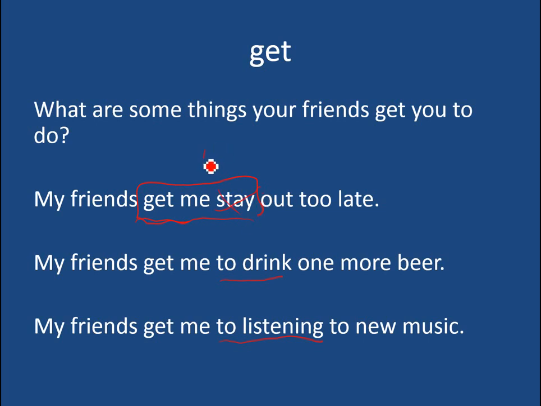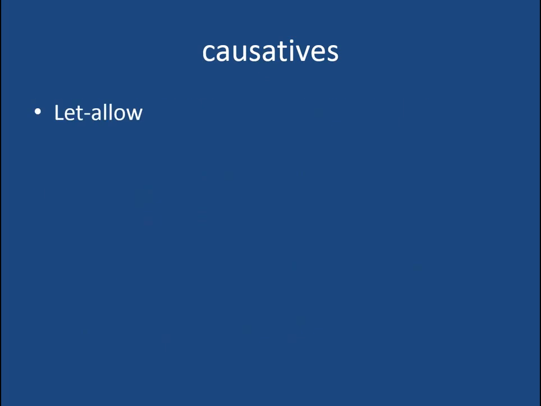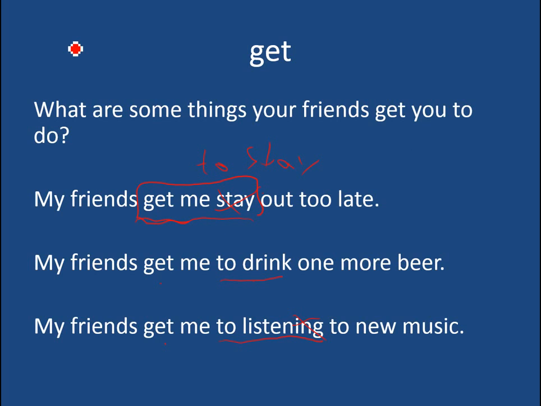It should be get me to stay out too late. The second one is correct. Get to drink. And the third one is wrong. Get me to listen to new music. Let's see what the pattern is for get. So the pattern for get is going to be X gets Y to plus the verb.